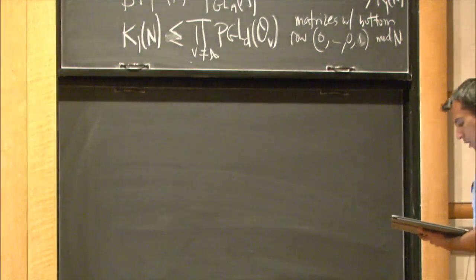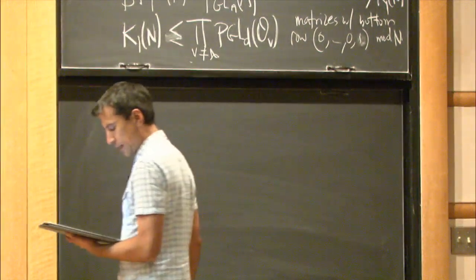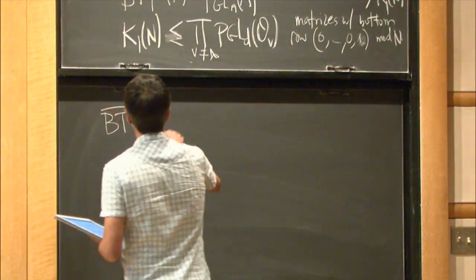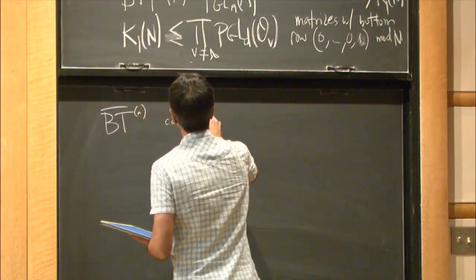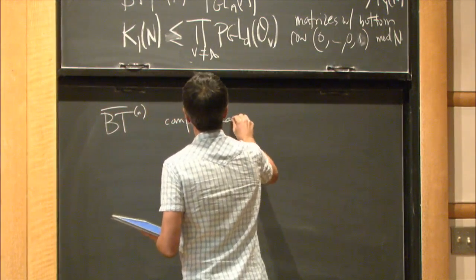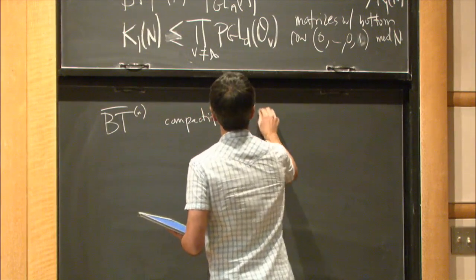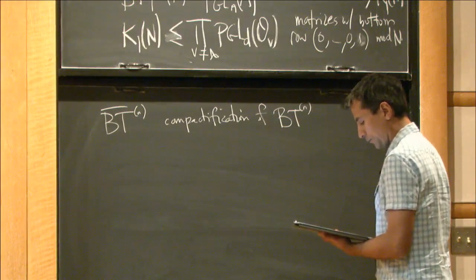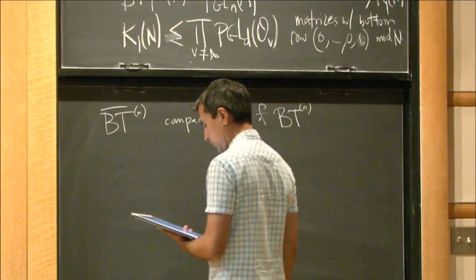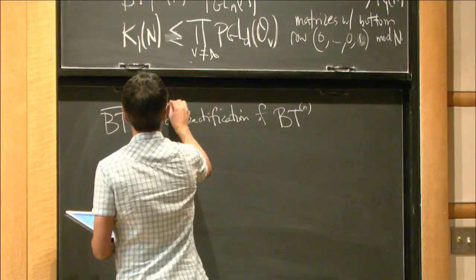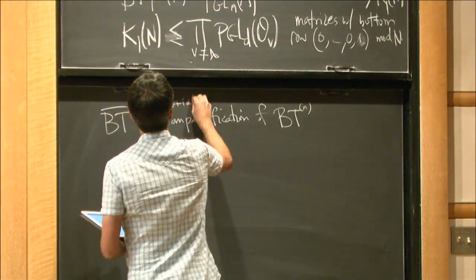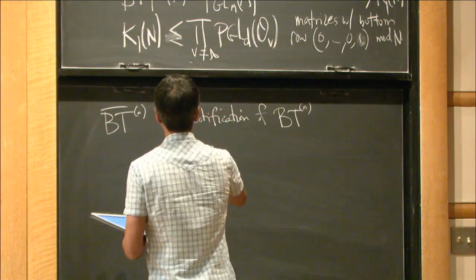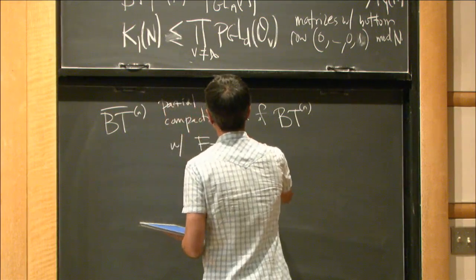OK, so this thing will be some compactification of a Bruhat-Tits building. Well, partial compactification, sorry, given by sort of F-rational boundary.